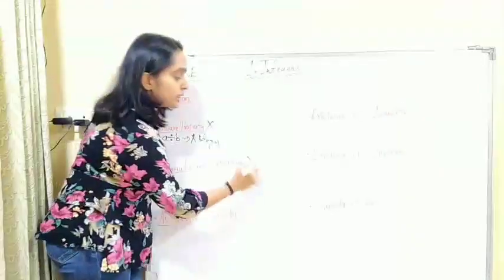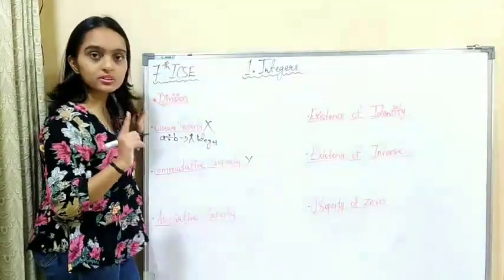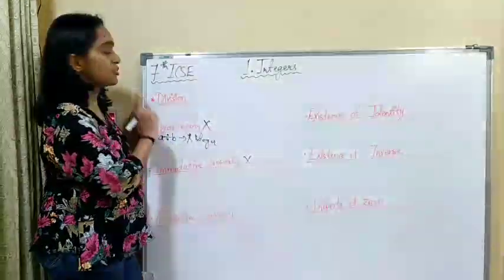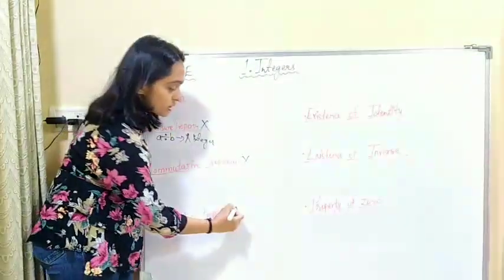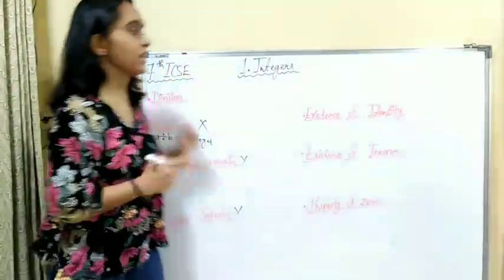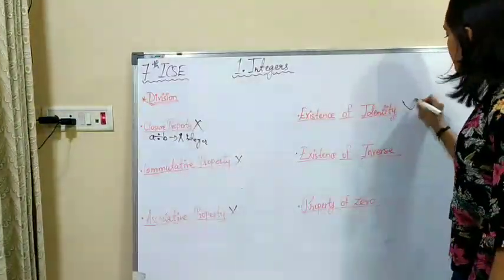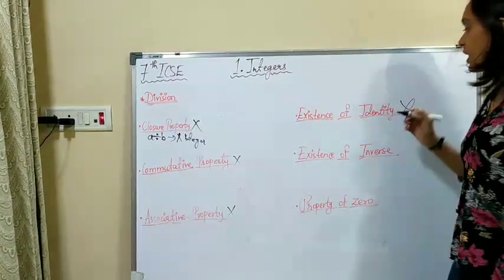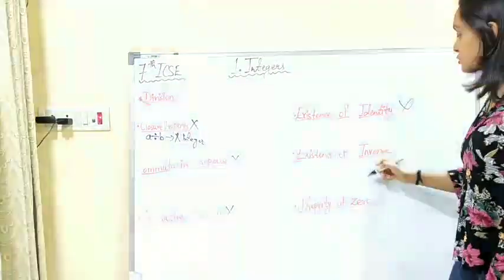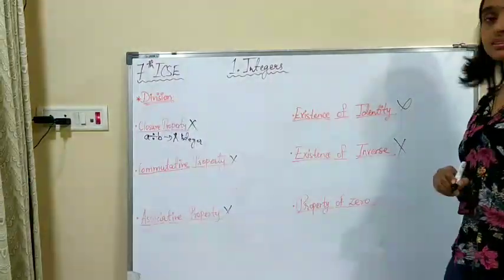Then the commutative property is also not satisfied by division of integers. The associative property is also not satisfied. Then existence of identity. For division of integers, no identity exists. As no identity exists, therefore the inverse also doesn't exist.